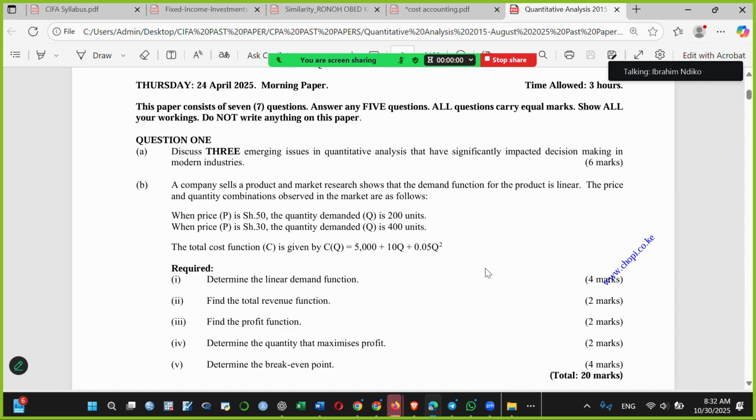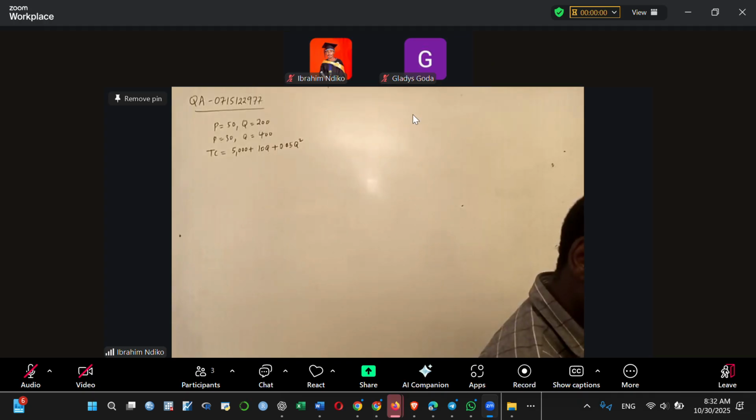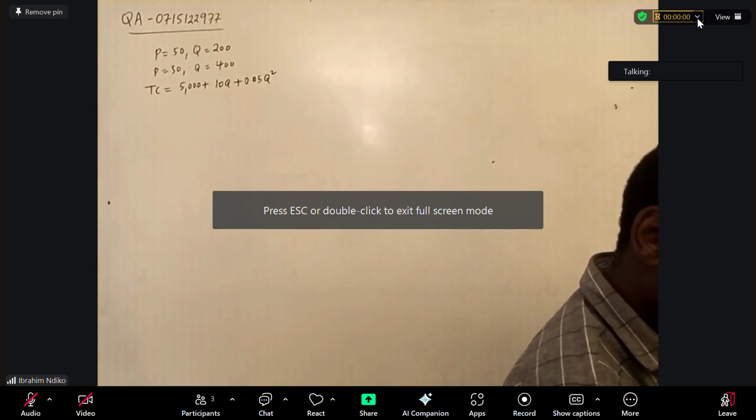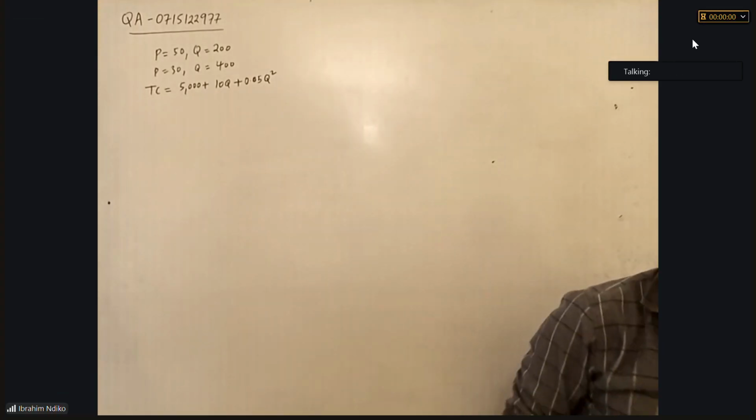That's what we have been provided. So number 1 is supposed to determine the demand function. So let's start by coming up with the demand function.